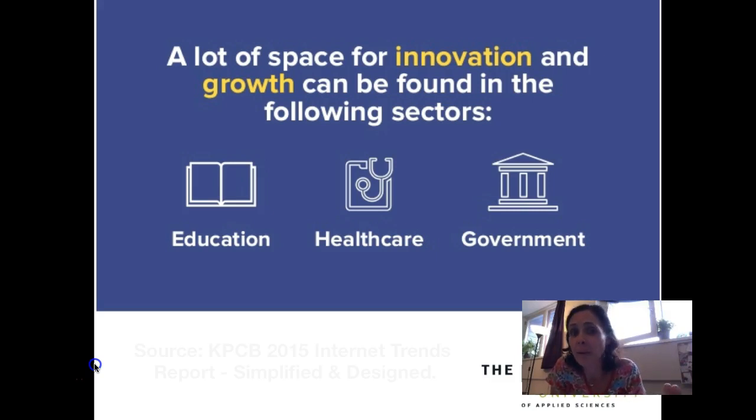For example, with education, I just finished my master's on e-learning, and there is a very interesting multi-billion dollar industry worldwide. Healthcare has things like smartwatches and smartphone connections. Governments are using e-business and ICT and technology more and more.